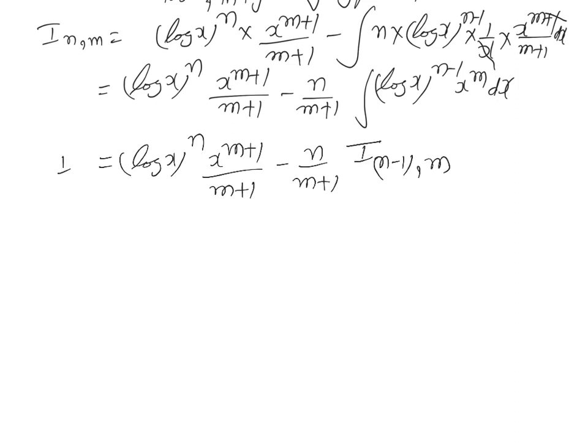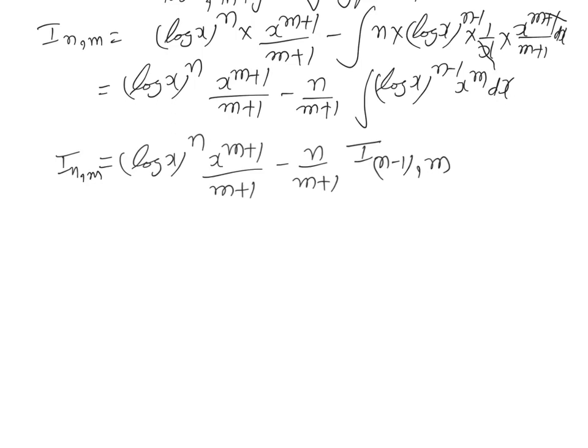And this is I n comma m. Now see, here was n and n is reduced to n minus 1. The log x index is reduced to n minus 1. And x raised to the power m is the same. So only one index is reduced, that is n to n minus 1, and m is remaining constant.